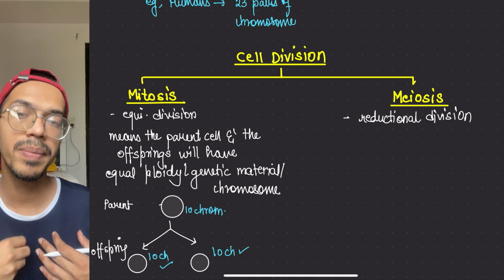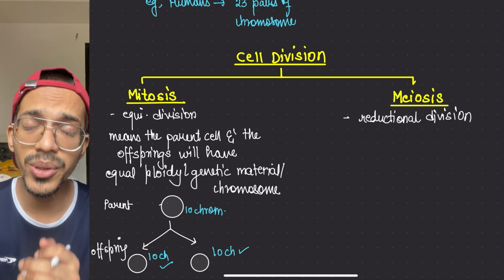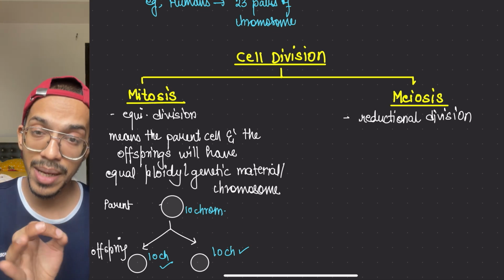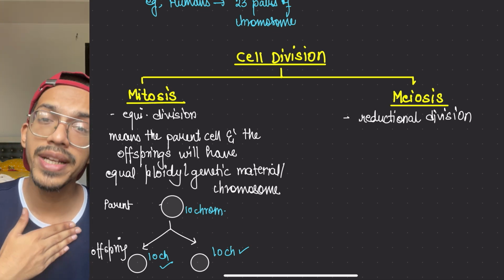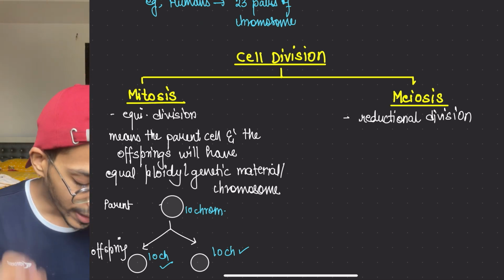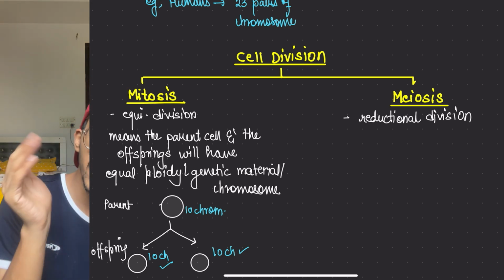So 23 come from me and 23 will come from the female. You have to remember this. So in meiosis, what is happening? I am reducing the ploidy level in my gametes to half. Gametes will always be half only. Just remember this fact; we will learn about it later.